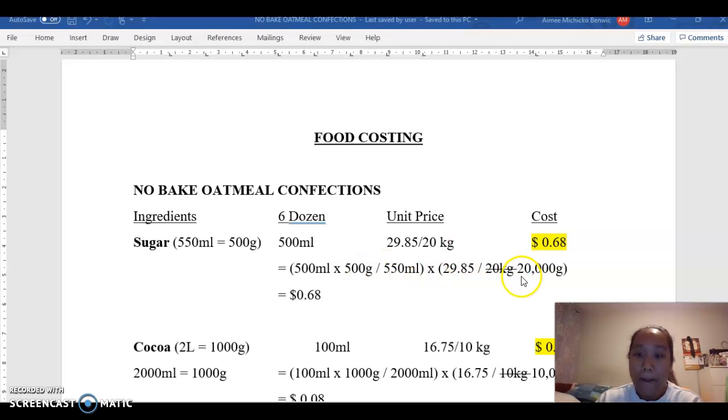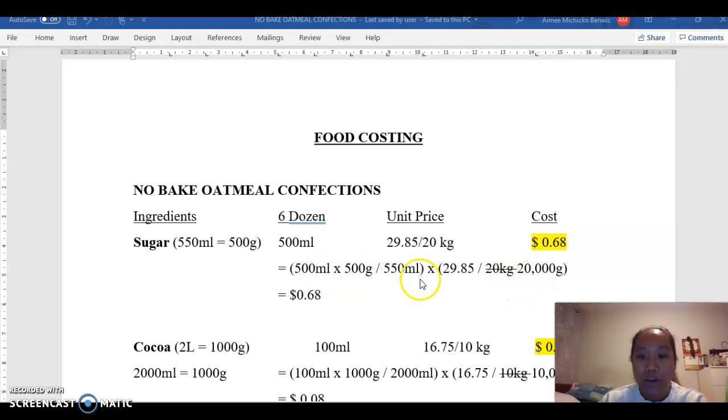Here we are left with grams and kilograms. We cannot multiply and move forward unless we convert to the same unit. As we all know, there are 1,000 grams in 1 kilogram, so 20 multiplied by 1,000 gives us 20,000 grams.